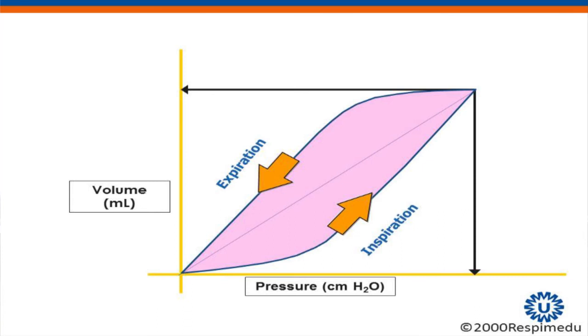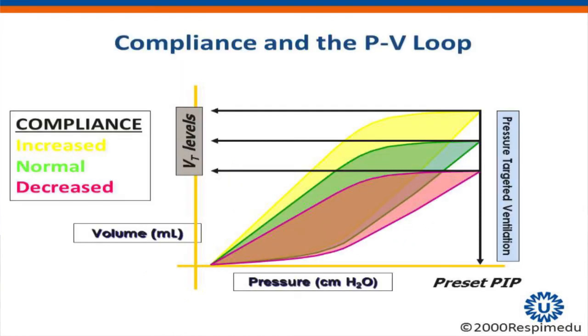Pressure is going in, air is going into the lungs. This is what Maartje just told. You can see the loop changing when compliance is changing. What kind of ventilation is this? Pressure targeted, pressure controlled.